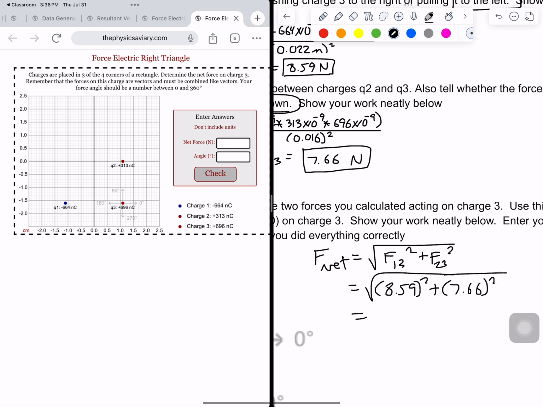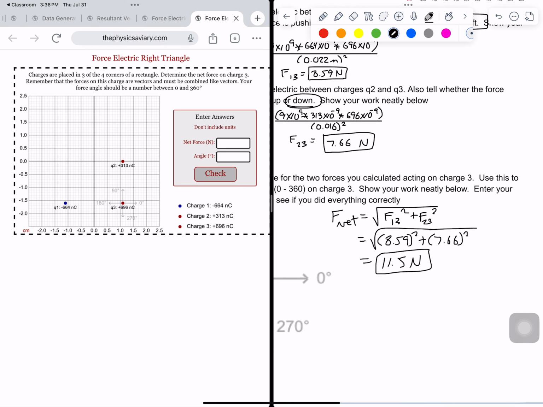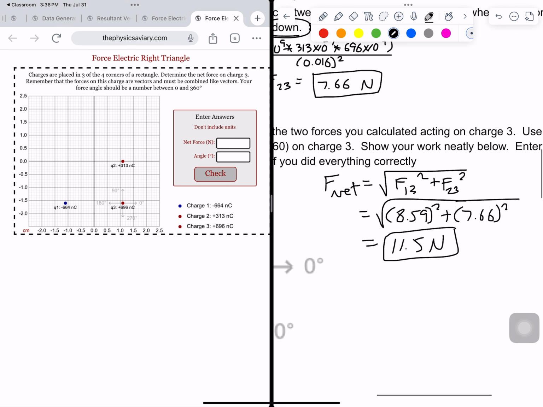Go ahead and take a moment to enter in your data. I'm getting about 11.5 newtons of total force acting on charge 3 from both of those two charges, the direction of which, I'll use the arctan equation.